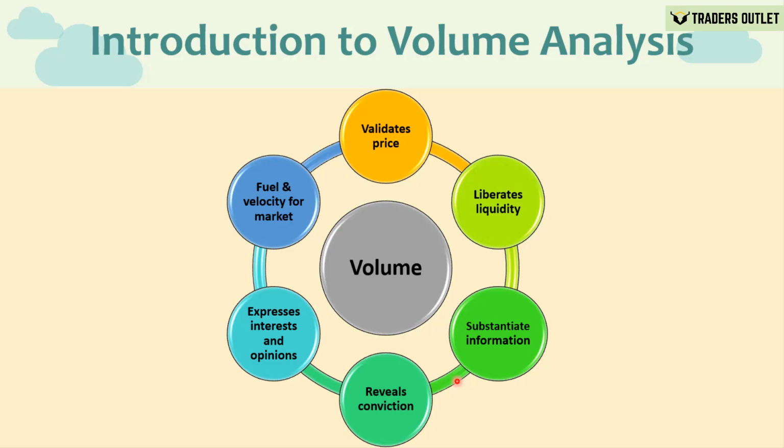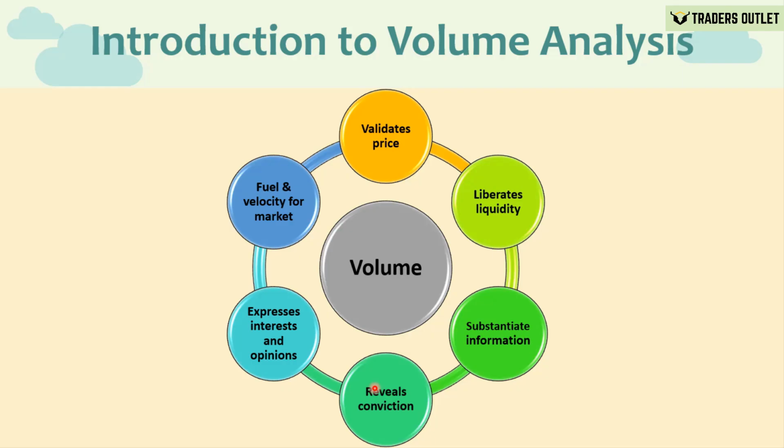If the volume in that direction is lower than the average, then it is very likely that this is not a real movement, or it could be a temporary move and the prices could reverse in the original direction. So it has to substantiate the information available in the market, and at the same time it has to reveal the conviction around those trades in the market.